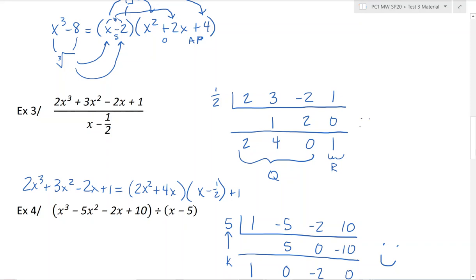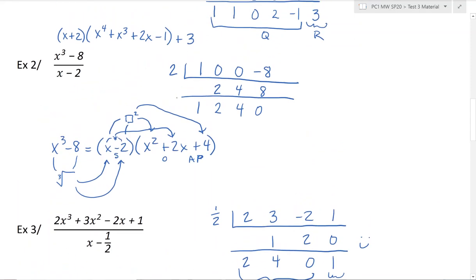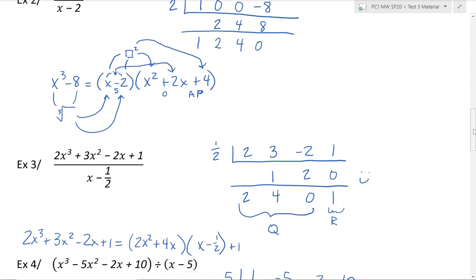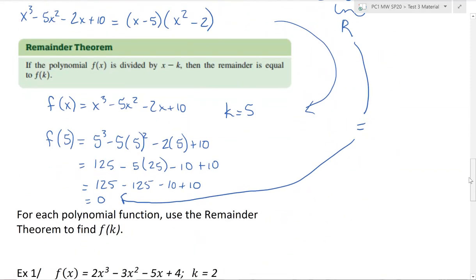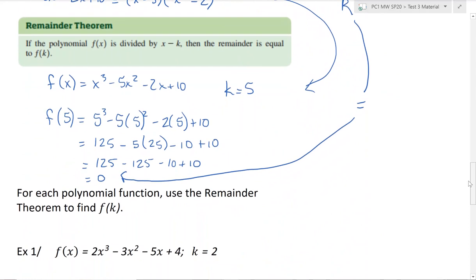Synthetic division makes you happy. It's a lot easier. This one, if f of x was x cubed minus 8, and you put in your 2, then you're going to get a 0 remainder. That one's easy to tell because you only have one thing to plug in and then simplify. It really does work. It's true.